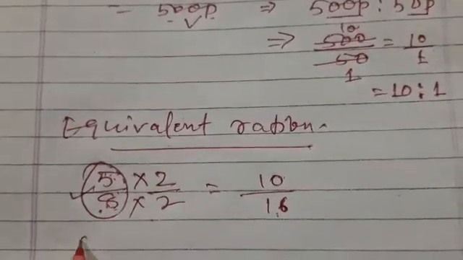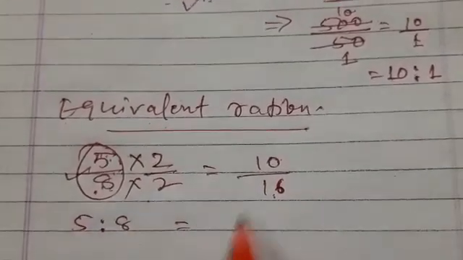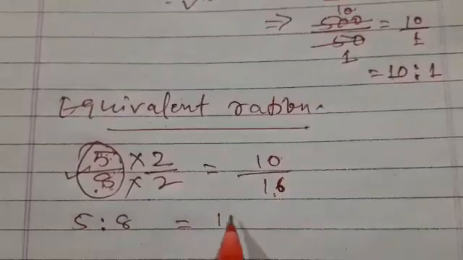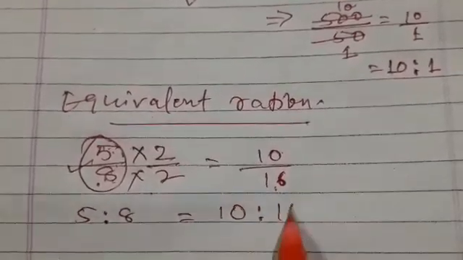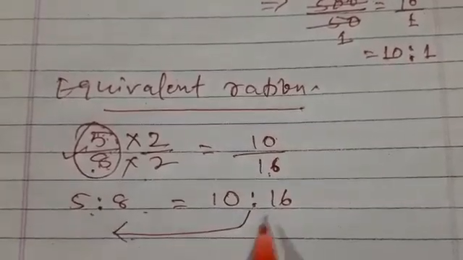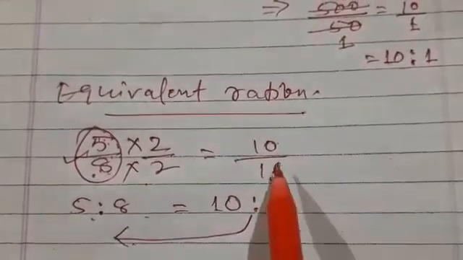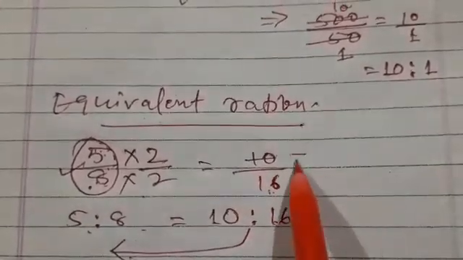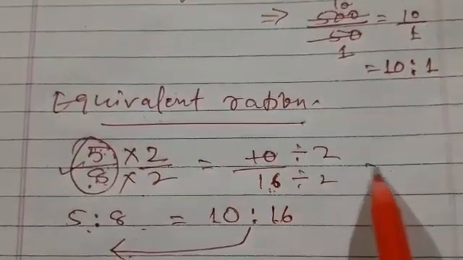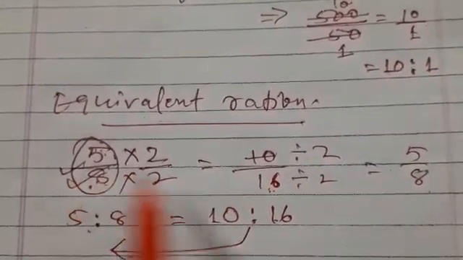We write 5 by 8 as 5 is to 8, and 10 by 16 as 10 is to 16. 5 by 8 is the reduced form of 10 is to 16. When we divide 10 by 16 by 2 in numerator and denominator, it becomes 5 by 8, the original form.